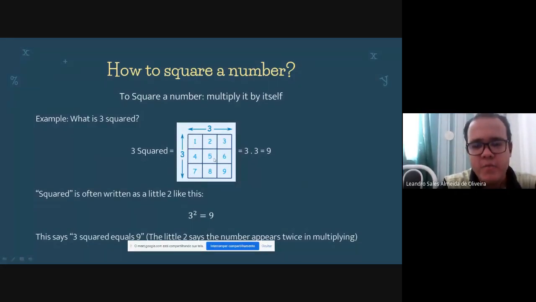In practice, we need to multiply 3 by itself. 3 by 3 equals 9. So 3 squared is 9. And we say this name, squared, because we complete a square when we square the number.